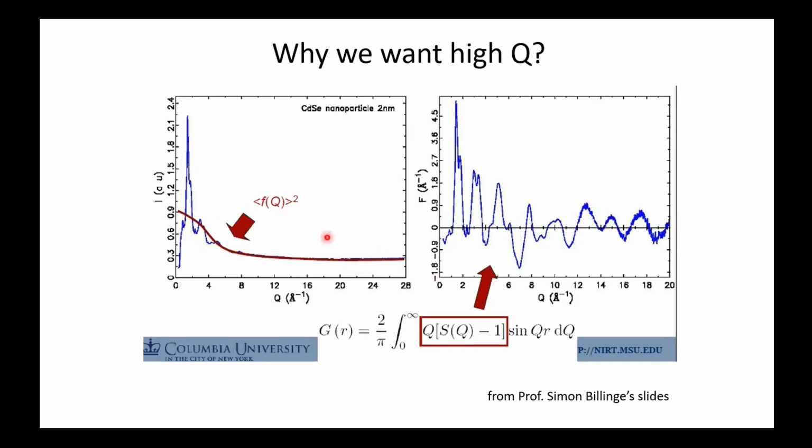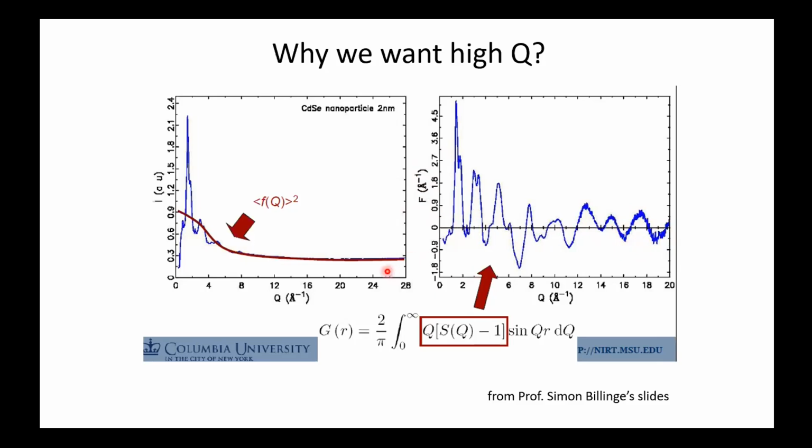So it looks like there's nothing much we can get from this high Q region. But this is not true, because, as we will see when we talk about data processing later, this F(Q), the function that is really the Fourier transform, in fact has a lot of structural features at high Q. Typically, let's say at this 20, at this 16, we still have this kind of oscillations that come from the structural features.